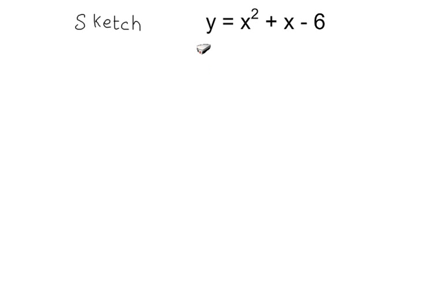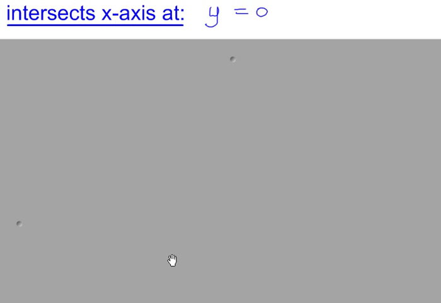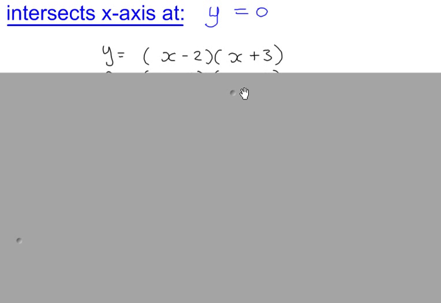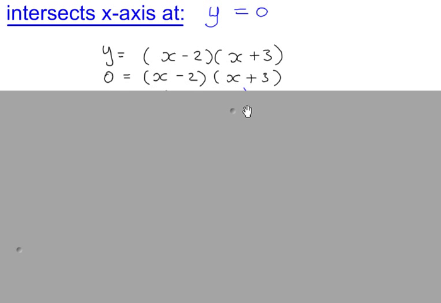So if you try and sketch y equals x squared plus x minus 6, put in y equals 0, this is to work out the roots. This is the factorized form for the same equation of the curve. There's y equals 0.